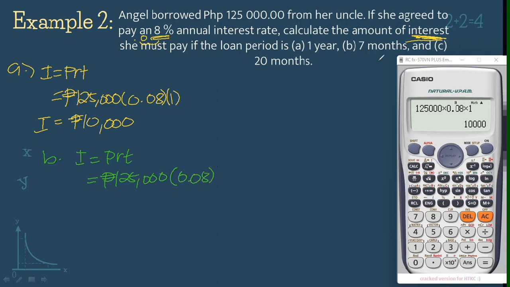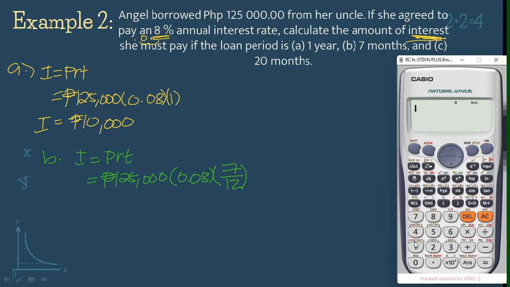Pero sabi dito, 7 months na po siya. So, kapag sinabi natin 7 months, hindi po siya in terms of year. Kailangan i-convert muna natin yung 7 months into year. So, pwede natin siyang i-multiply ng 7/12.